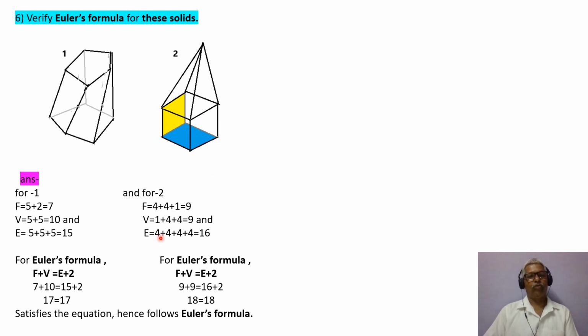Okay, so 4 plus 4 plus 4 plus 4 is 16. Now try to substitute these values in this formula, F plus V equal to E plus 2. 9 plus 9 equals 16 plus 2. This is 18. This is 18. So it satisfies for these two. So it satisfies the equation, hence follows Euler's formula.